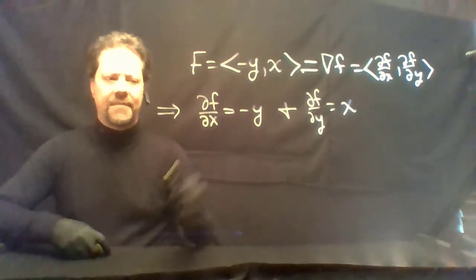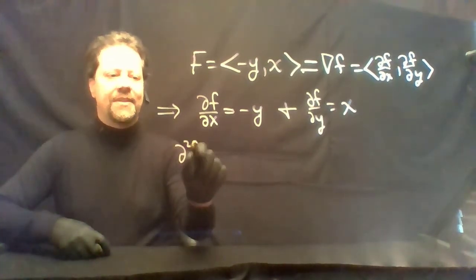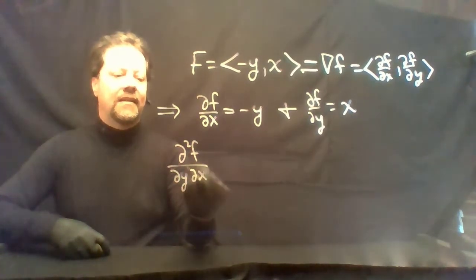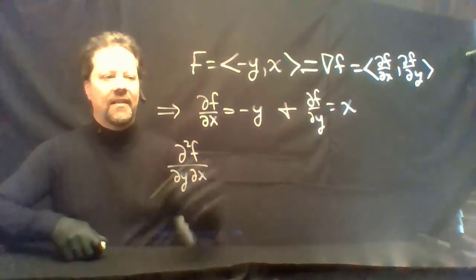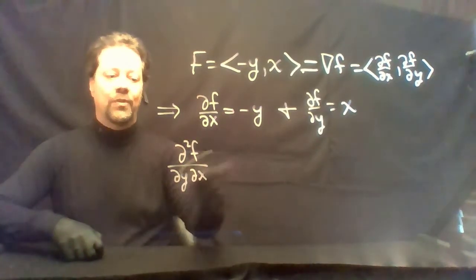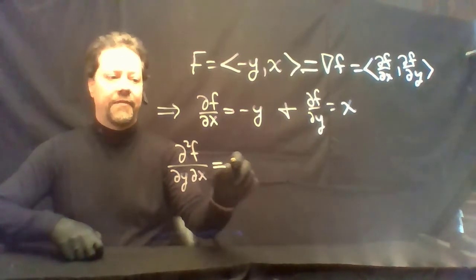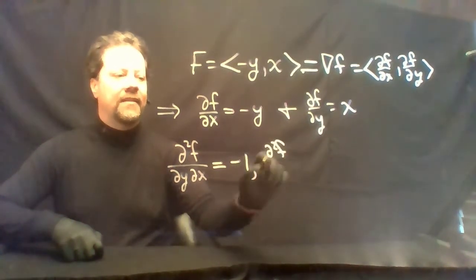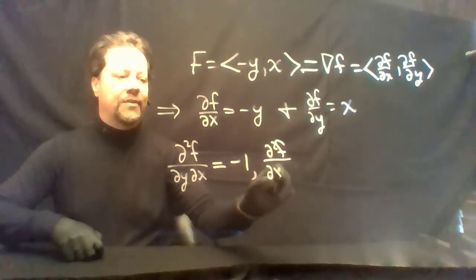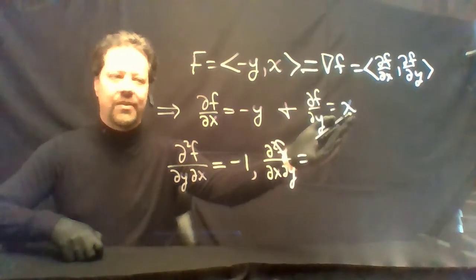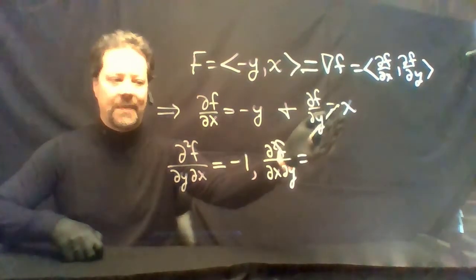Let's check something real quick. What happens if we take the derivative with respect to y and x? Taking the derivative of df/dx with respect to y gives a value of minus 1. On the other hand, the second order derivative with respect to x and y requires that we calculate the derivative of x with respect to x.